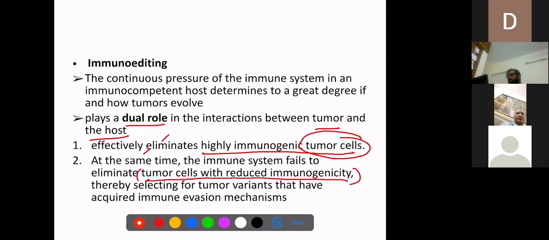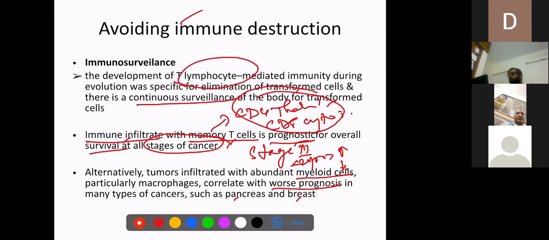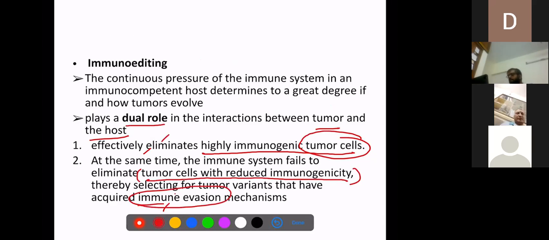The immune system thinks it is a normal cell and does not destroy it. That means we say they evade the immune system. That is the point: they avoid immune destruction and evade the immune system.